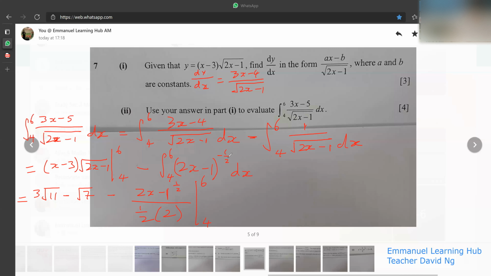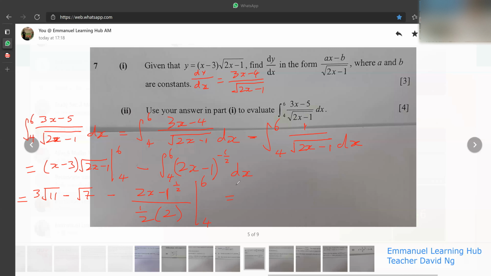The opposite of differentiation, I plus 1. Then divide, instead of multiplying by the power, I divide by the final power, then multiply by differential of this guy. That's integration of this.